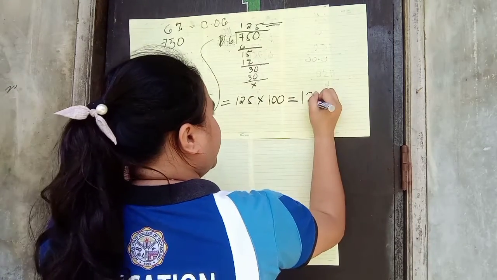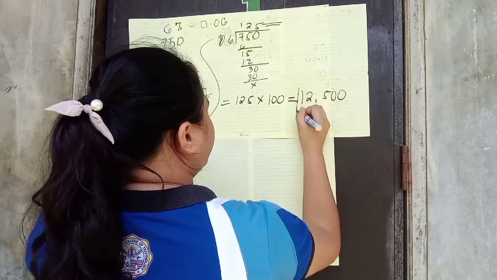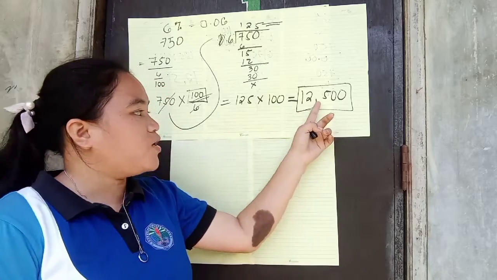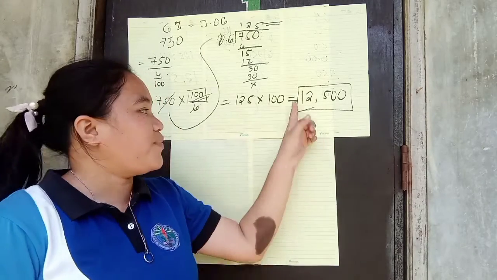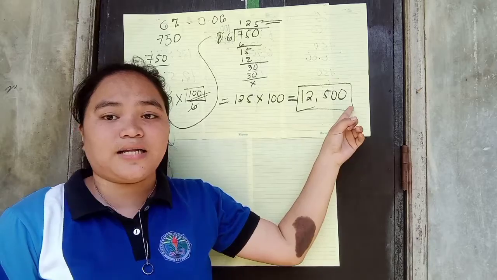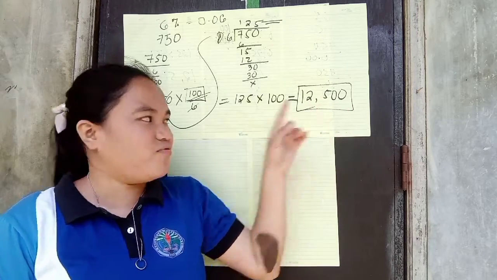The given answer, 12,500. Yan po. So, ganyan natin nakuha yung given answer na 12,500. So, ito yung sagot sa tanong na how much did Rico invest? Okay, now let's proceed to other question.